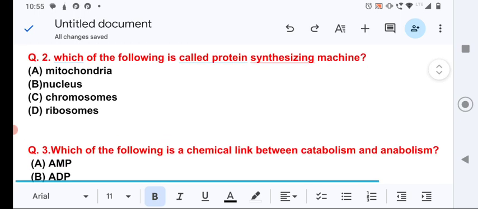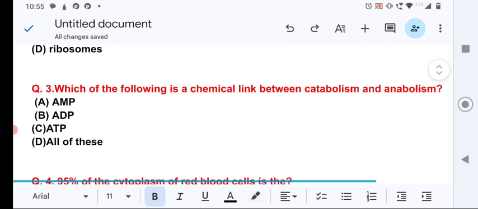Now the next question, question number 3: which of the following is a chemical link between catabolism and anabolism? We know any biochemical reaction inside the body is called metabolism, and metabolism is of two types, catabolism and anabolism.